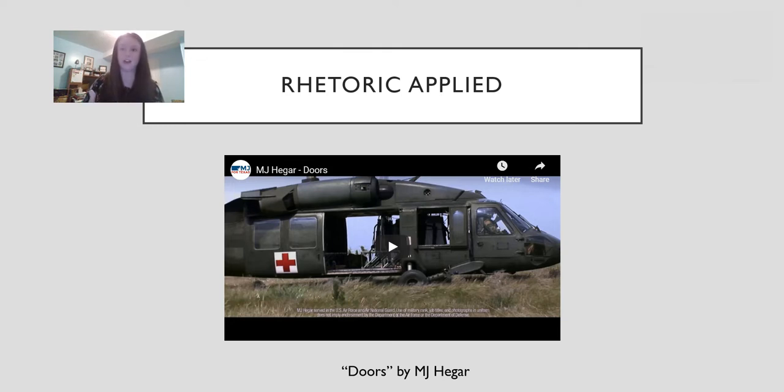And we can use Aristotle's artistic proofs of logos, pathos, and ethos to really focus in on certain aspects of the text to say, okay, well, this is persuasive because it makes the audience feel happy, or it makes the audience feel frustrated, or because they're citing someone who's done a lot of research on this topic, or the information that they provide is the most up-to-date relevant statistics on this issue.